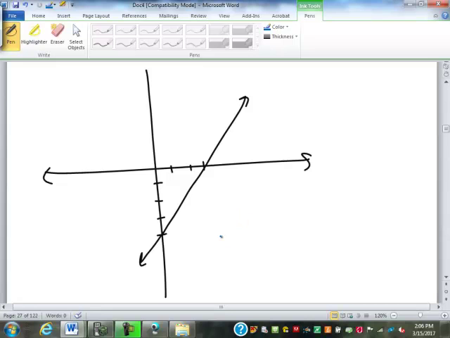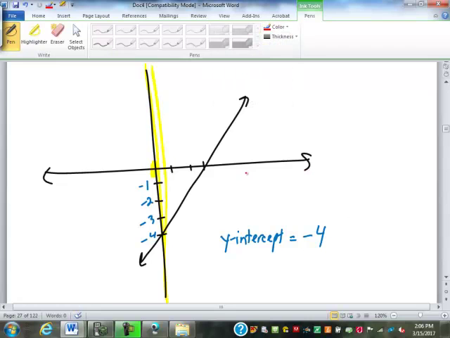One is the y-intercept. And remember, the y-axis is just this up and down axis here. When we graphed our equations, we started at the origin and we moved up or down on that axis to find our starting point. So this line here on that axis starts at -1, -2, -3, -4. So our y-intercept is -4.